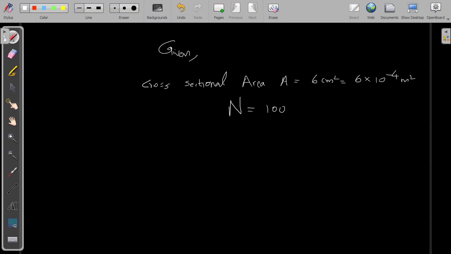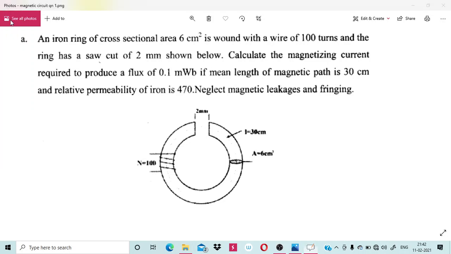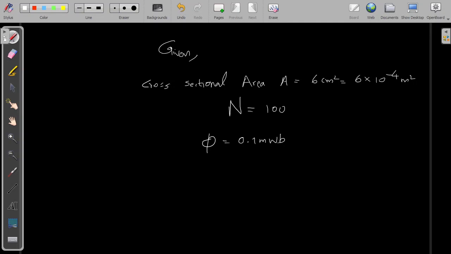Flux phi is equal to 0.1 milliweber. So if the mean length of the magnetic path is 30 centimeter, mean length L is equal to 30 cm, that's equal to 30 into 10 power minus 2 meter.